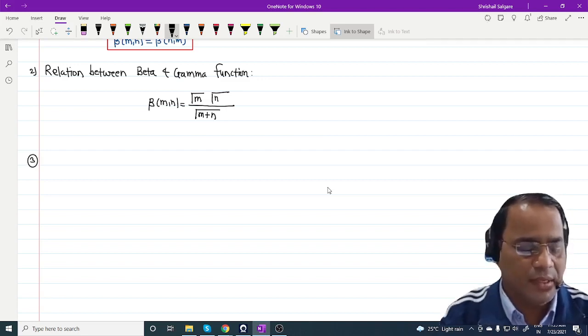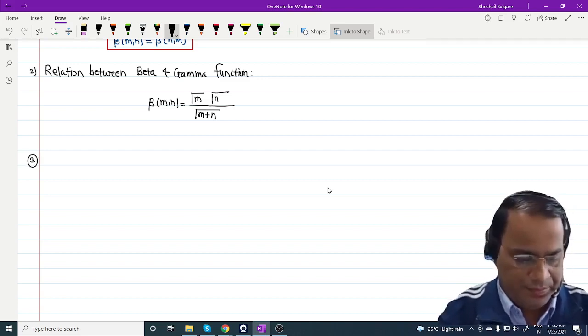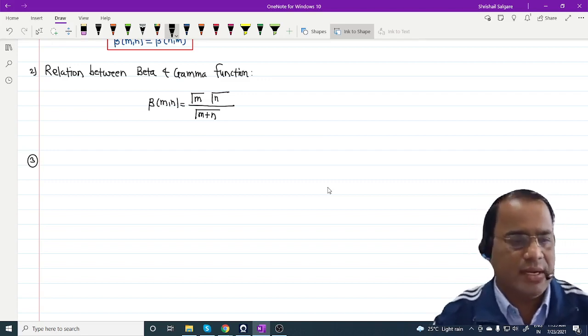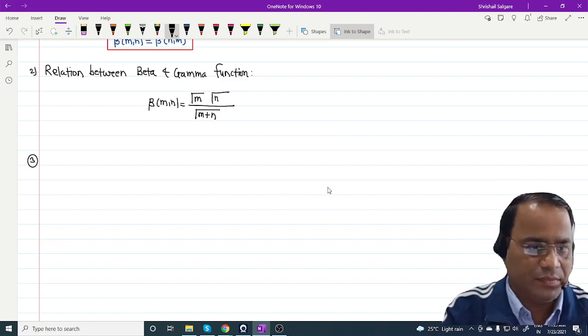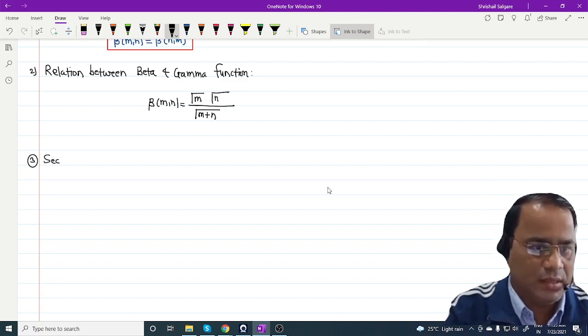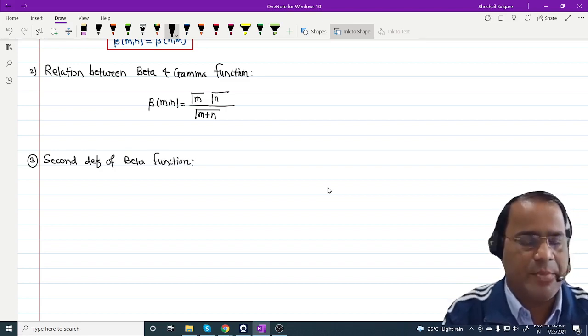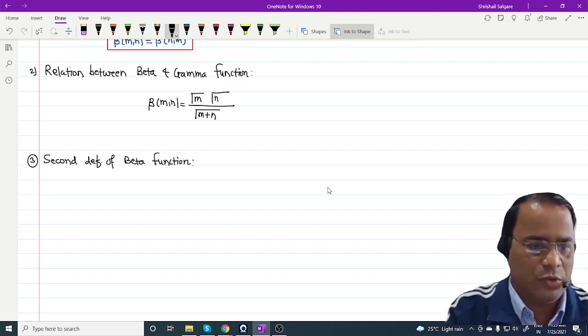Now the third property, we are not taking the proof of this. Beta of m,n, this is also known as the second definition of the beta function. That means the integral defined in terms of trigonometric terms and how it can be converted to beta.